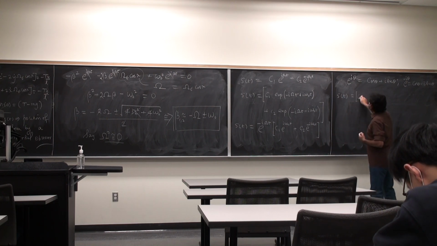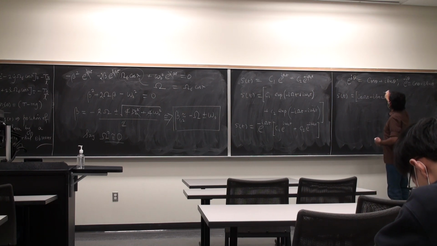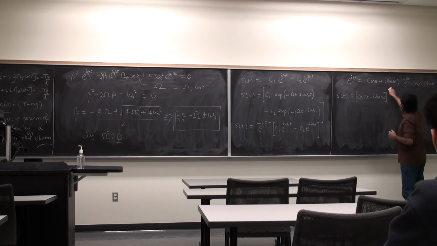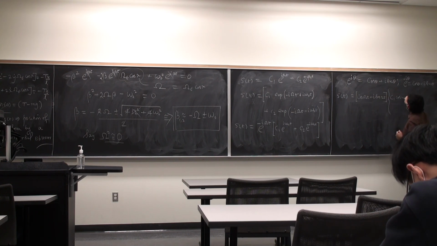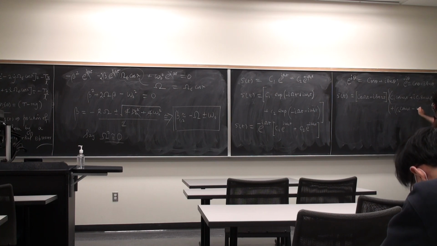This is cosine omega t minus I sin omega t. That's the expansion of the first exponential term. Then the terms inside the brackets: I have C1 cosine omega naught t plus I C1 sin omega naught t, plus C2 cosine minus I C2 sine omega naught t.